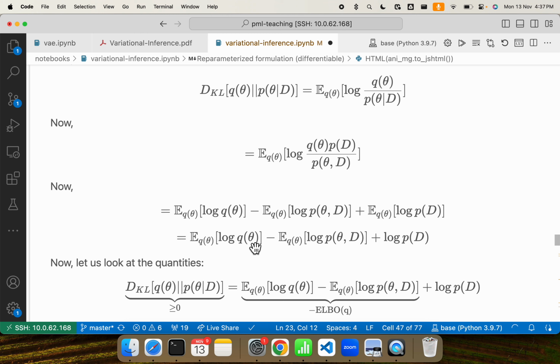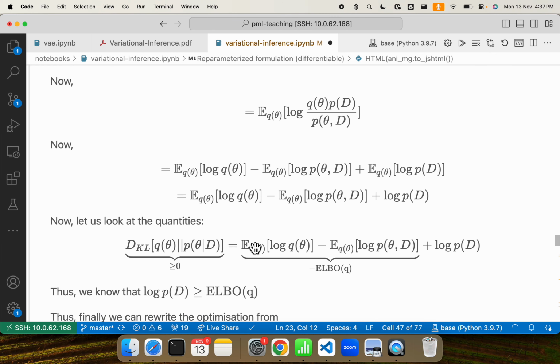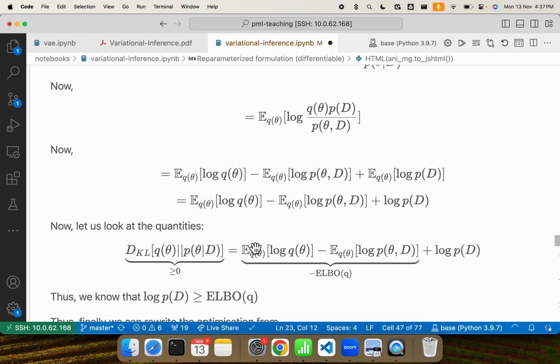So let me see if I can. Can we think of it this way? Log of P of D is greater than or equal to ELBO. The way this is typically shown is with a diagram. I wanted to show a diagram drawing.